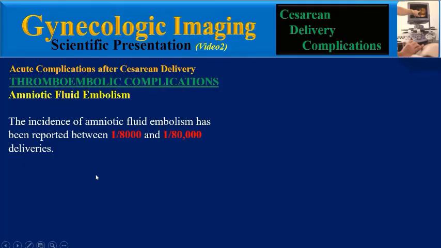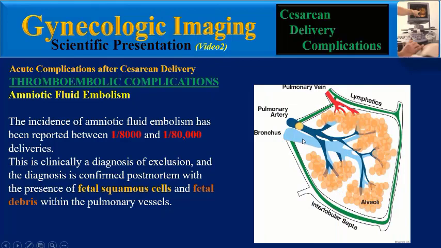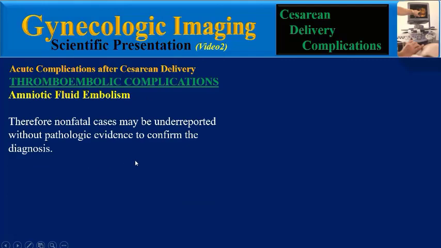The incidence of amniotic fluid embolism has been reported between 1 in 8,000 and 1 in 80,000 deliveries. It is a clinical diagnosis of exclusion, and the diagnosis is confirmed post-mortem with the presence of fetal squamous cells and fetal debris within the pulmonary vessels. Therefore, non-fatal cases may be underreported without pathologic evidence to confirm the diagnosis.